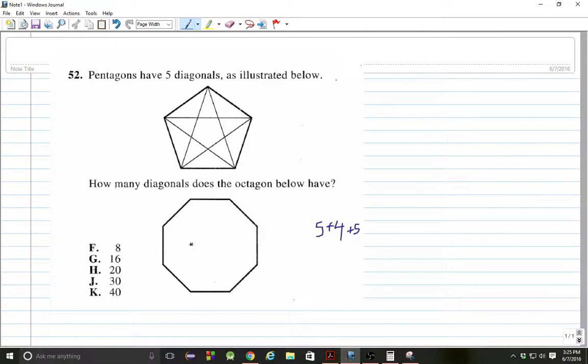Okay, so we have 5 from one angle. Five for another angle.